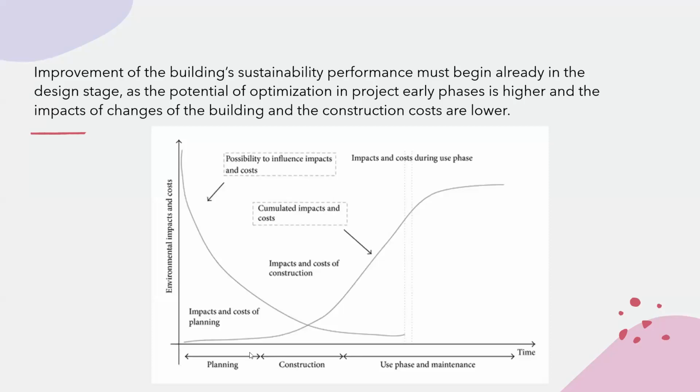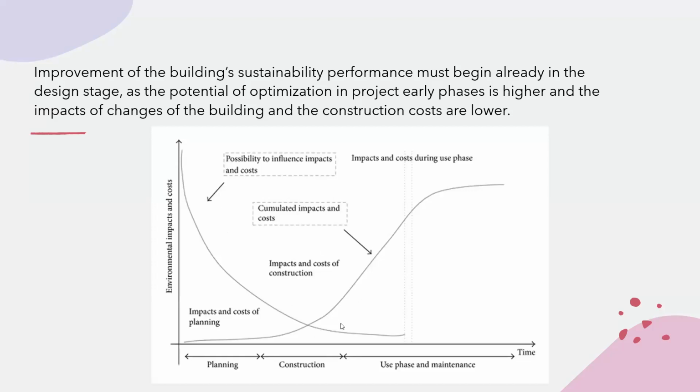So you can see in this diagram, impacts and cost of planning is represented by this line, from here to here. Impacts and cost during the using phase here. Impacts and cost during the construction phase here. This curve represents the possibility to influence the impacts. So you can see in the planning stage, the possibility to influence the impacts is higher.